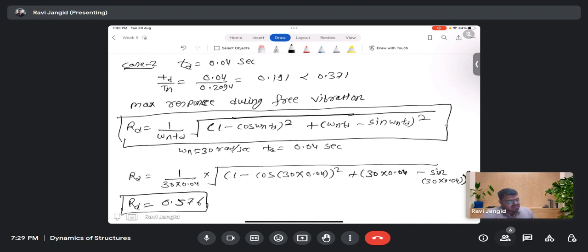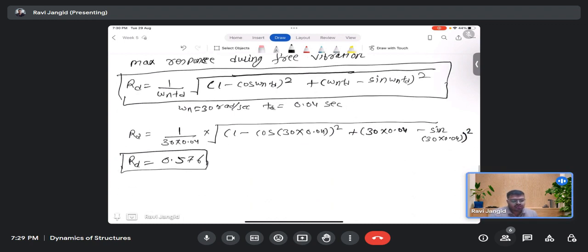Okay. So we have RD. Now you can again find out your P naught. U naught is given as 5 mm. So that would be U naught equals P naught by K into RD. Our U naught is 5 into 10 raised to power minus 3, K is 9 into 10 raised to power 9, and RD is 0.576.